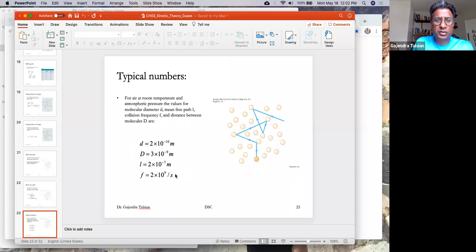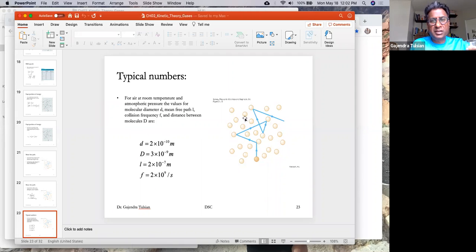Okay. So here are some typical numbers. The size of a molecule is roughly 0.2 nanometer.